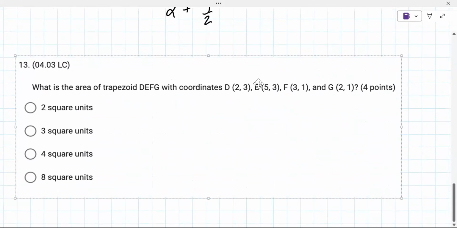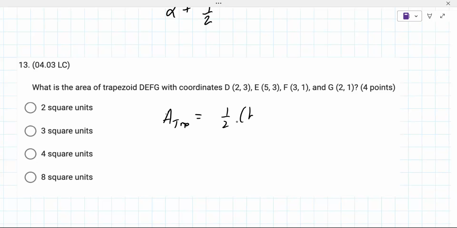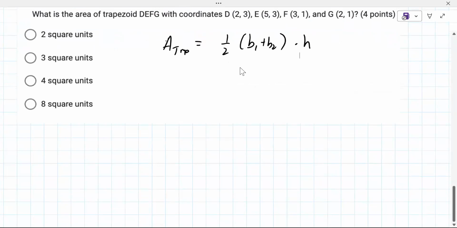All right, so to find the area, one approach is to use the trapezoid area formula, which is 1/2 base 1 plus base 2 times the height. But that presumes you can get that information from this. And I actually think you can if you make a quick sketch of this.